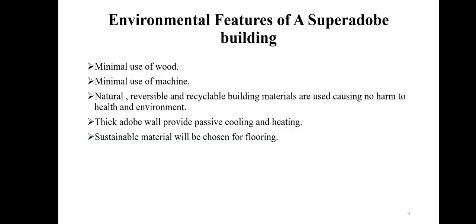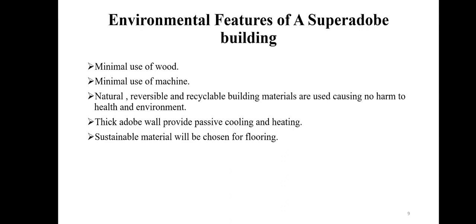Environmental features of a superadobe building. In this technology, machines are not used, which helps to protect the environment in terms of noise and air pollution. This technology minimizes the use of wood for the shuttering process. Thick adobe walls provide passive cooling and heating of the building.